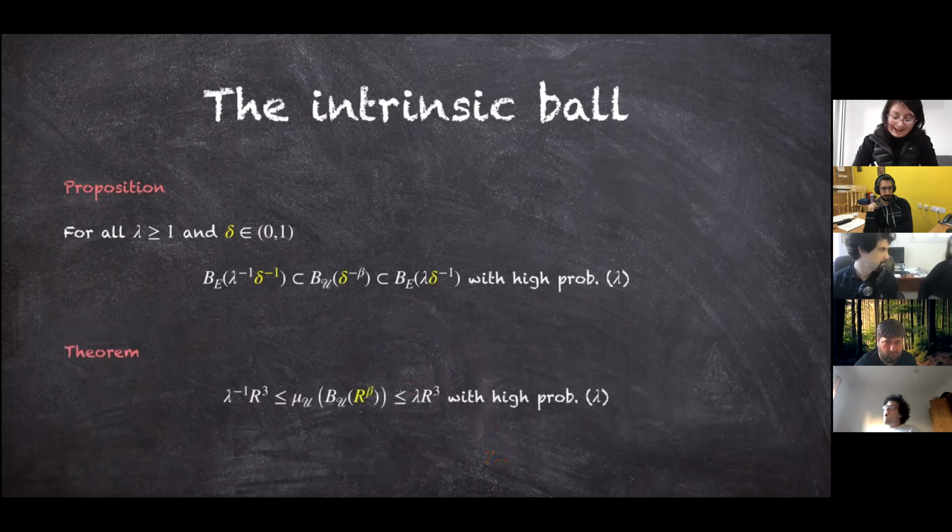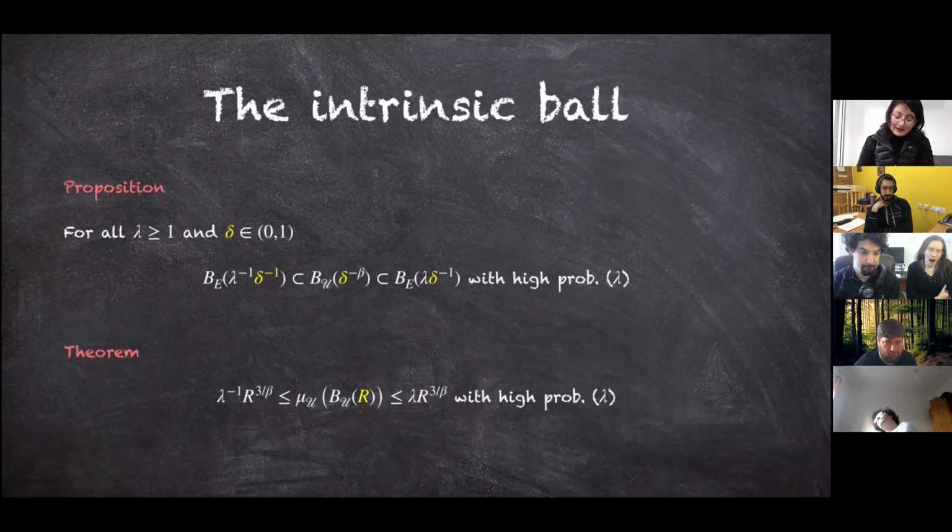So what you obtain is this inclusion between balls, but we're more interested in what it means about the measures of the balls. We obtain that the measure of an intrinsic ball of radius r to the beta is around r cubed, because that's the volume of the Euclidean ball.